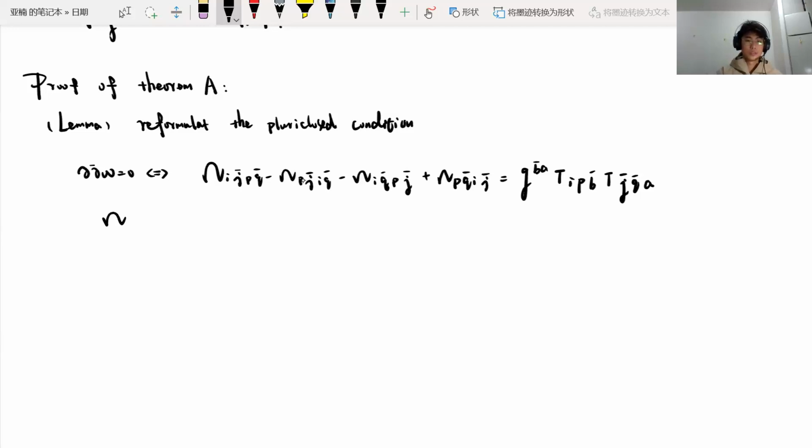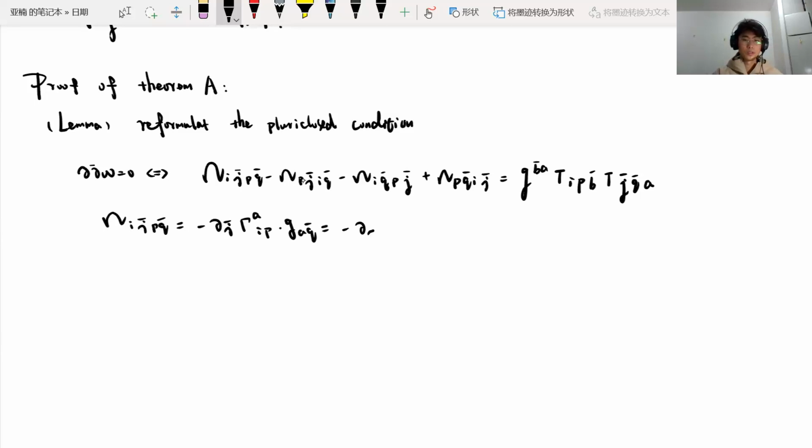Notice that, let's notice that this is the Christoffel symbol of the Chern connection.